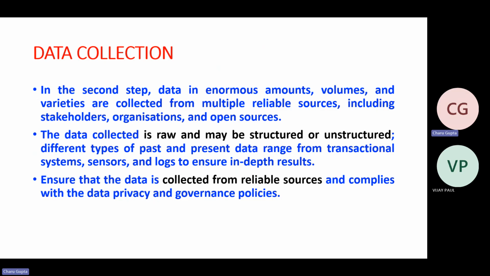If I'm working on healthcare applications, the data will consist of the patients, at what time they are coming in, what reports they are getting, what insurance they are claiming, what medicines are being prescribed, right? So this type of data is collected, and this data collection process also consists of cleaning it. So the second step is to collect the data, ensuring that the data collected is from reliable resources.